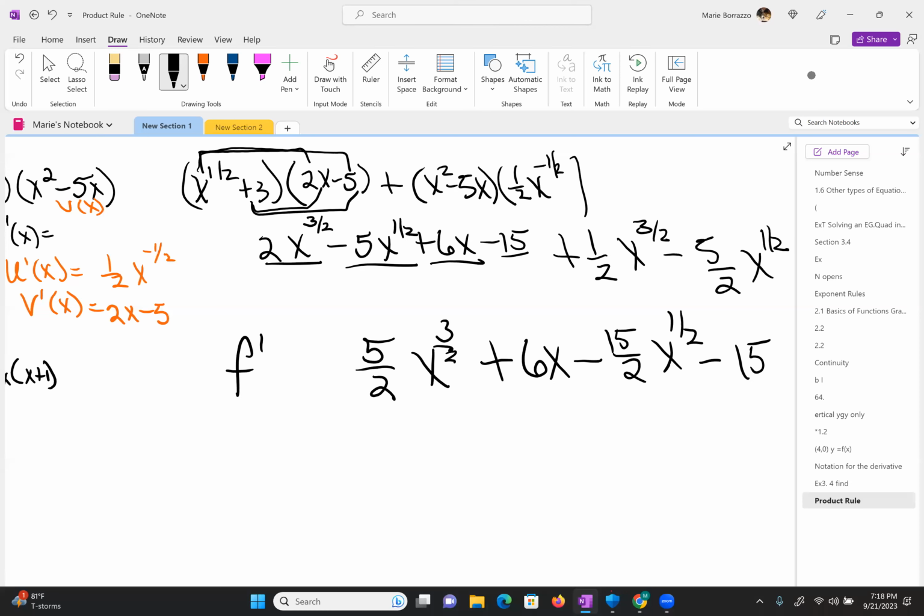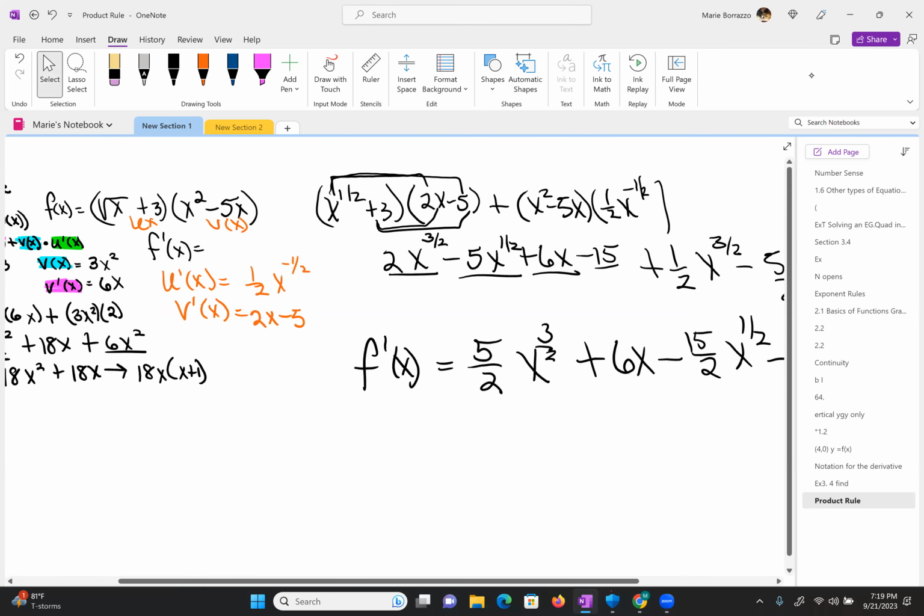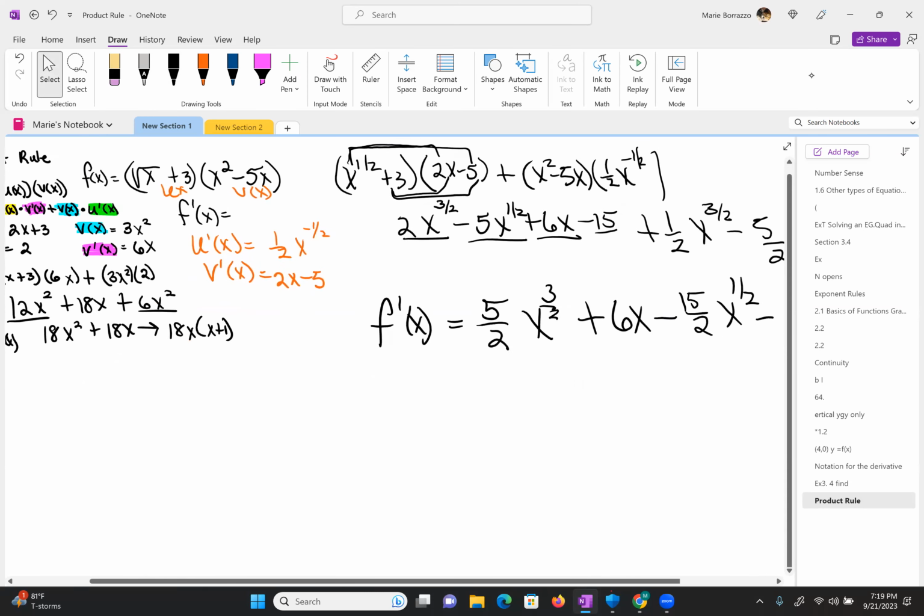That's the first derivative. The idea is you would substitute in a value that fits the equation you're looking for. If you're looking for a specific number, you plug that number in as x, and then you get your actual value.